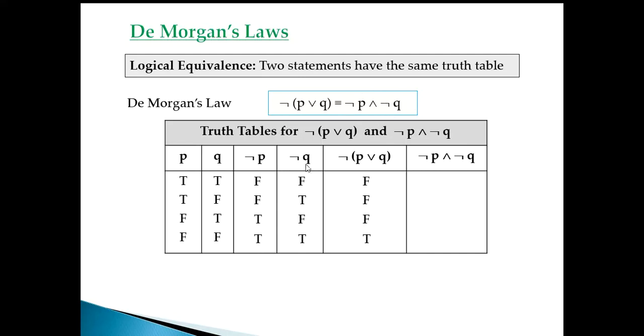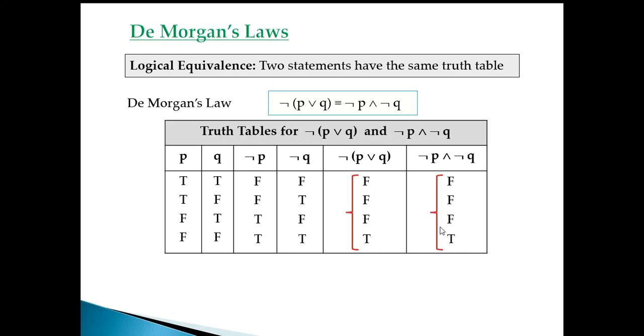Next, we need to calculate negation of P and negation of Q. In the and connective, our truth value is true if both are true, right? Otherwise it is false. So we see that this is true and these are false. Now see here that these two columns have equal truth values, identical: false, false, false, false, false, false, true, true.